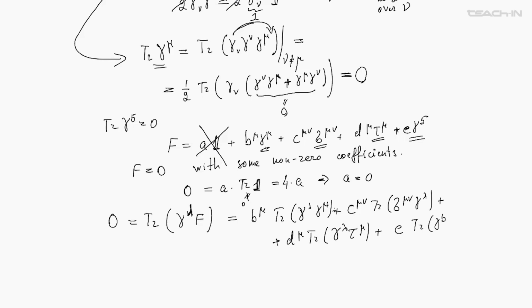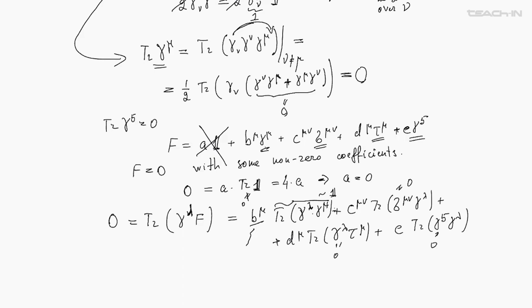Now you can show by analyzing these traces that all of them again are equal to 0, except this one, which is not equal to 0. For mu equal to lambda, you will see that this is not equal to 0 because, due to the Clifford algebra, the product will be proportional to the identity matrix. And again, in this way, you will find that all coefficients B mu are equal to 0, and you get rid of this term.